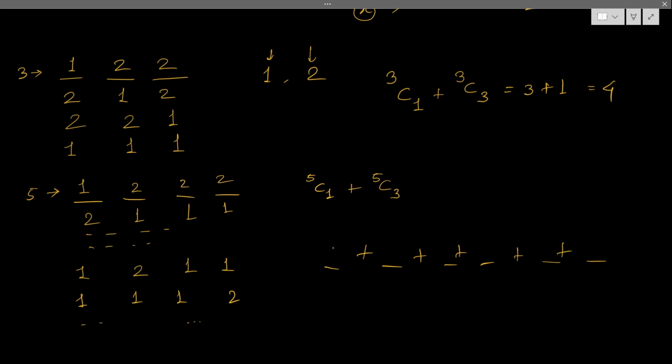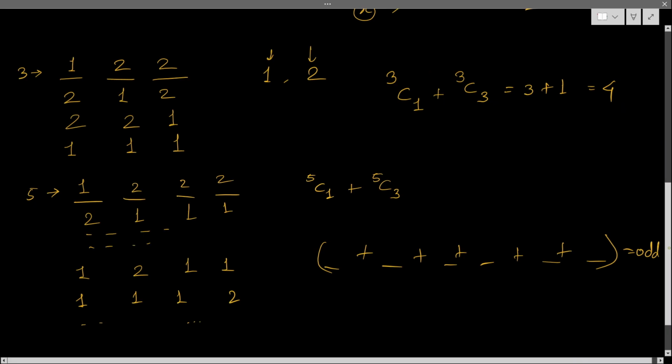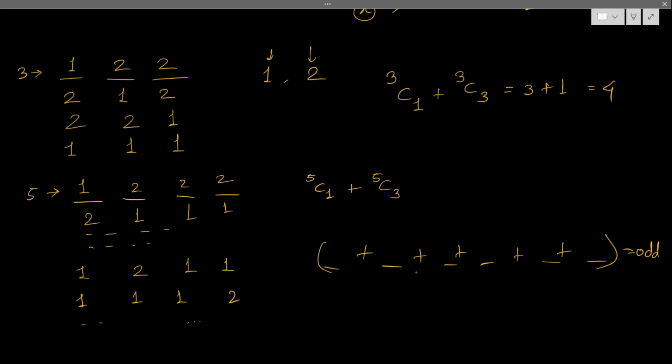There are integers, right? If I do the sum of these integers, it should be odd. So how could we achieve that? To achieve that, the number of integers which are odd should also be odd. What I'm saying is, how many odd numbers are present here?